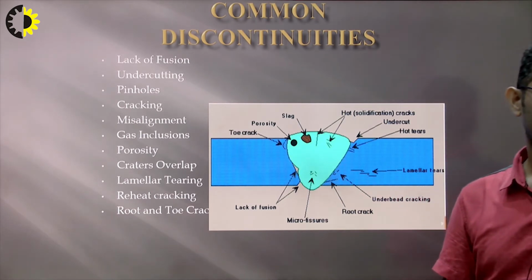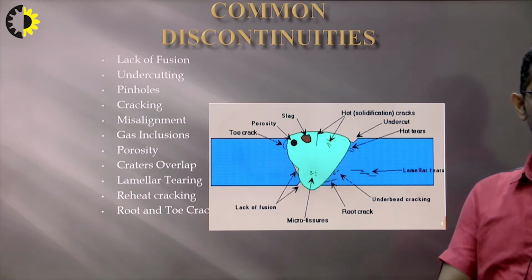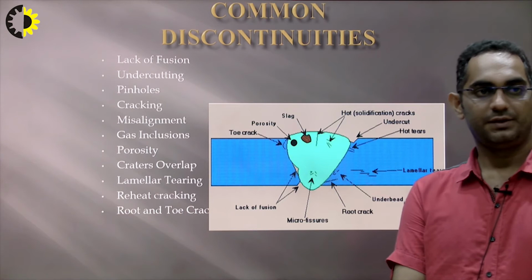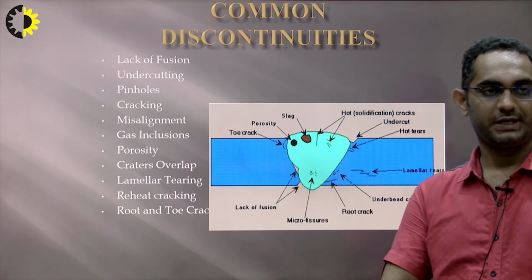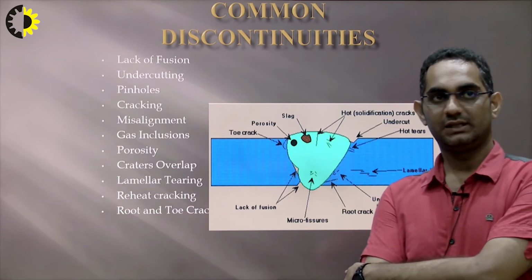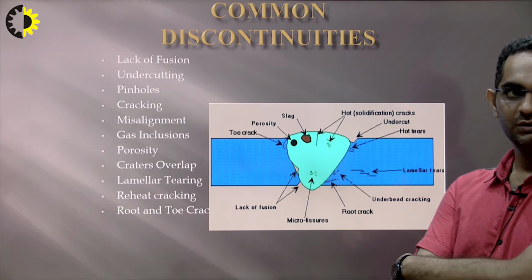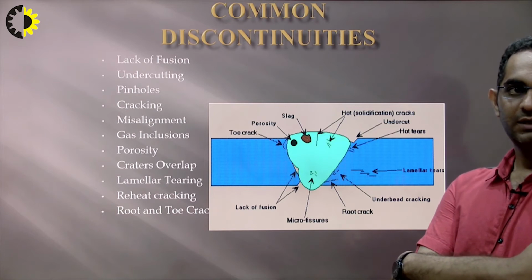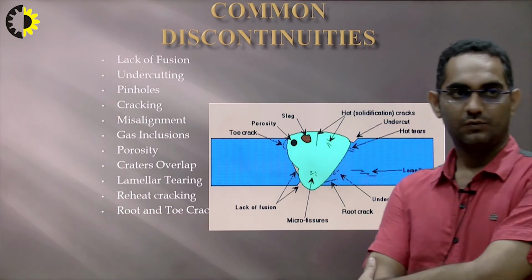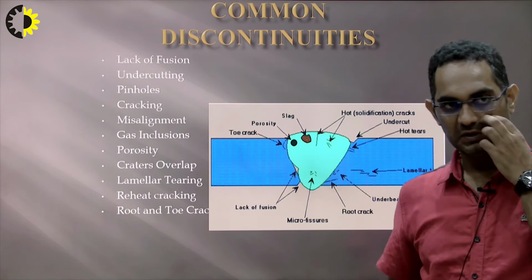Then misalignment, gas inclusions, porosity, crater overlap, lamellar tearing, reheat cracking, root and toe crack. These are the common discontinuities.